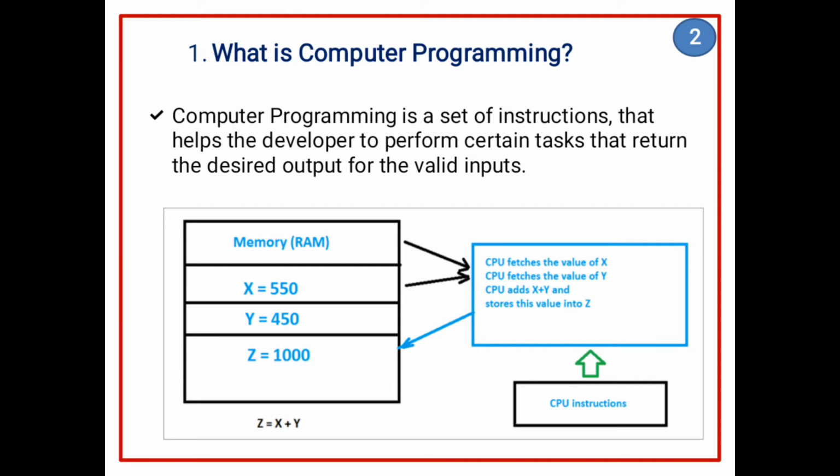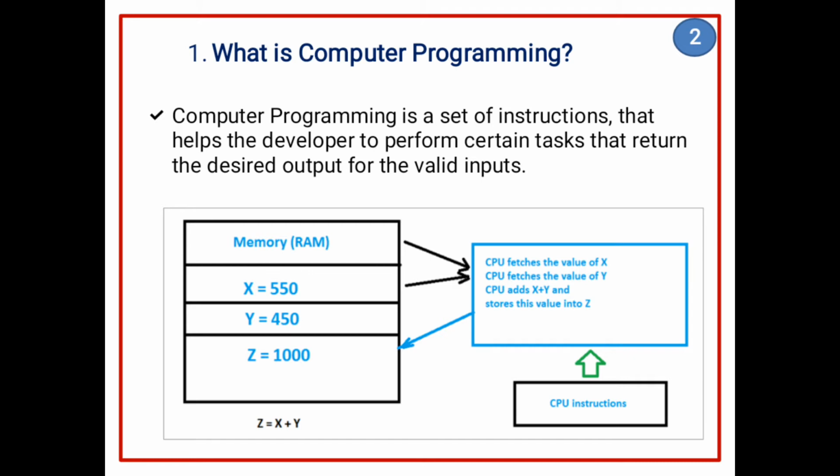Now, according to the definition of computer programming, we consider a very small example of a mathematical expression. Consider z equal to x plus y. This is a mathematical expression. In this expression, x, y and z are the variables in a programming language.